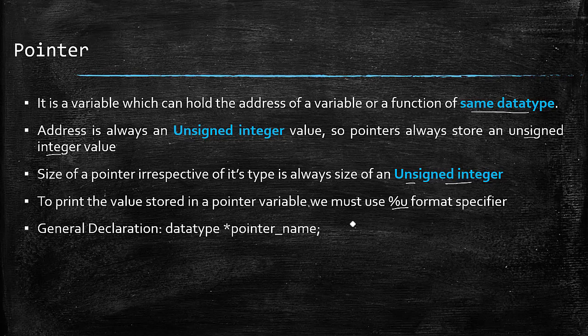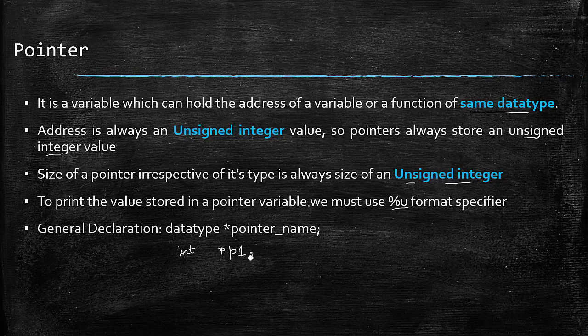Then we can declare a pointer by using the data type followed by an asterisk followed by the pointer's name. So if we want to declare an integer type of pointer, we write int, that is the data type, star, and suppose the pointer name is p1.